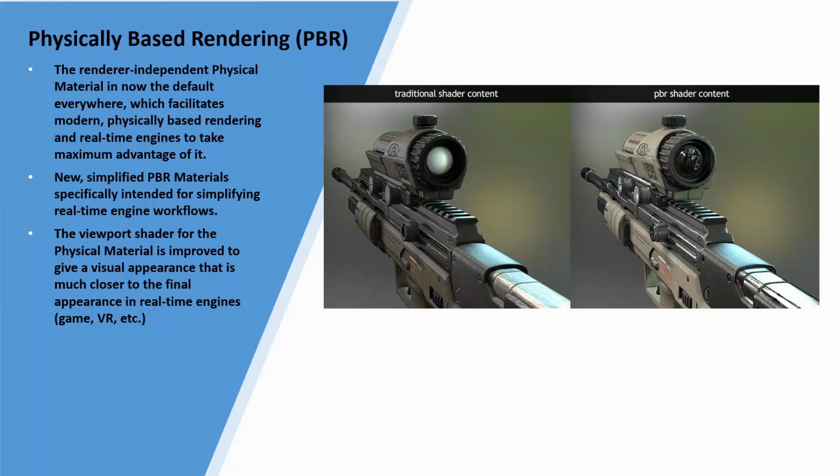On the traditional shader content, the colors or the visualization are pretty much the same, but under the physically based model, it's more of how the environment and the product would look in real time. So it's an improved visualization functionality that goes a long way in improving your final renders or your final animation video creations that you do.